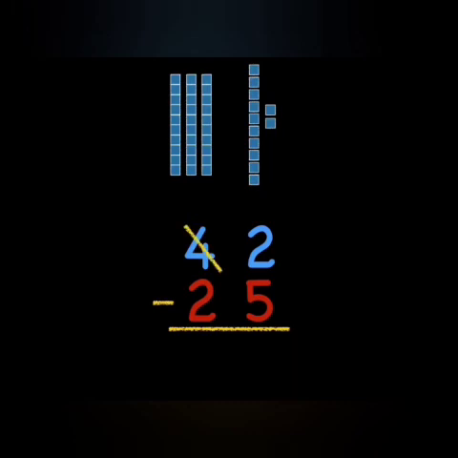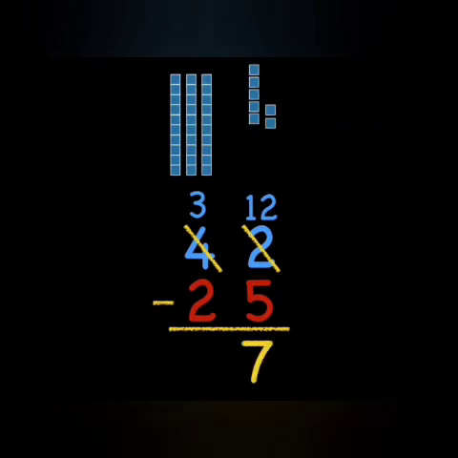Now in the tens column we will cross out 4 and write 3 in place of 4, and in the ones column we will cross out 2 and write 12 in place of 2. Now we have enough ones to do our subtraction. Now let's take away 5 from 12. 1, 2, 3, 4 and 5. So how many ones are left?